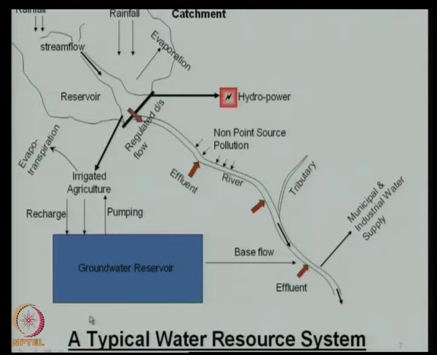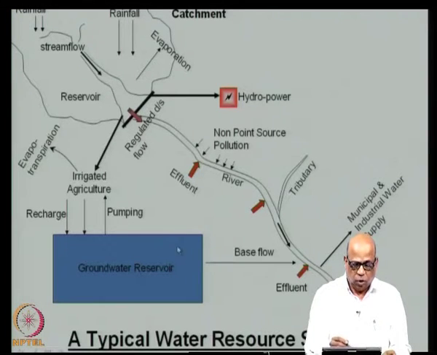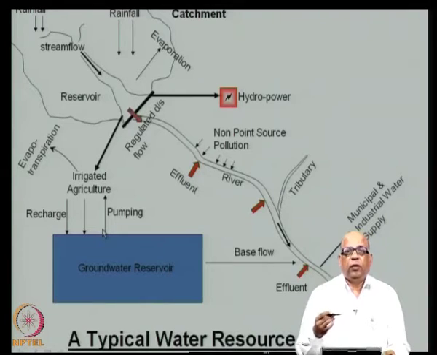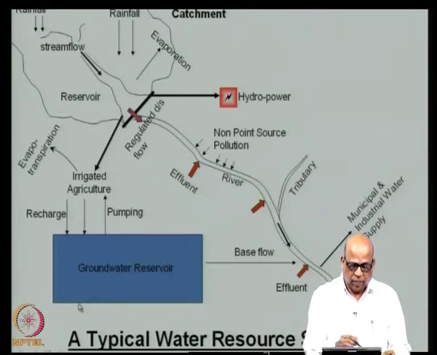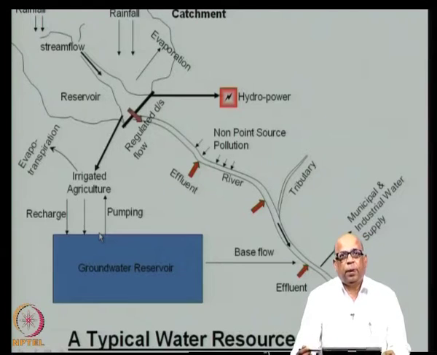Then let us look at the groundwater reservoir. So, you have a surface water reservoir here, you also have a groundwater reservoir. From the surface flow, there will be a recharge that is taking place, which can be directly from the rainfall. Rain falls on the surface, soil surface, and then part of it infiltrates, and then part of it may join as recharge.